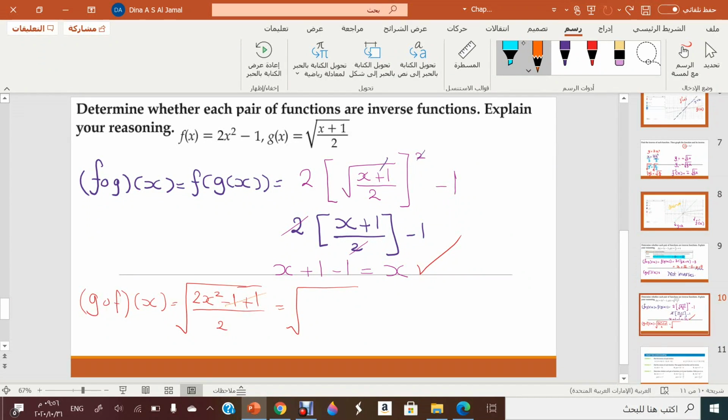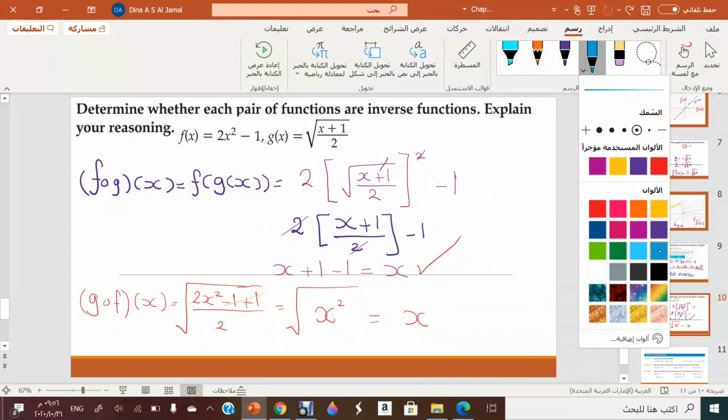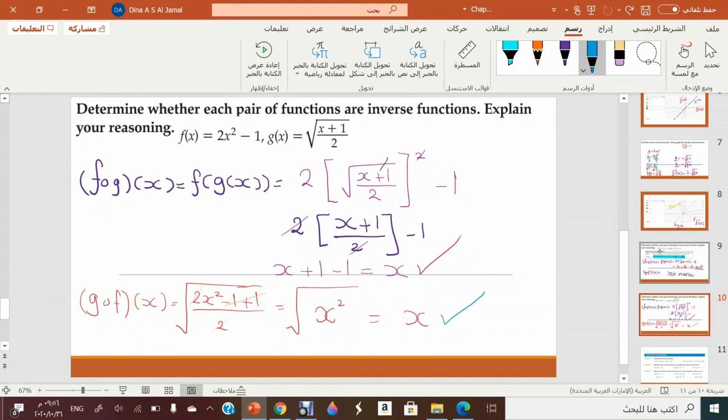Then it will be 2x squared over 2, cancel this over this. Then lastly, you will get x squared, which is x. And it is done. So yes, they are inverses. Both f of g and g of f gave you x.